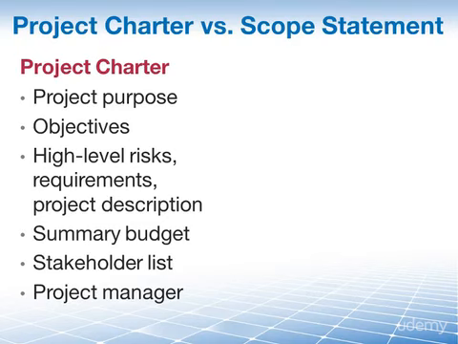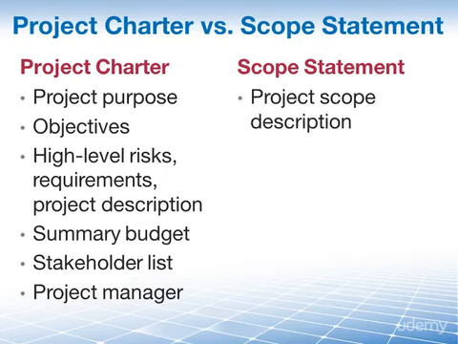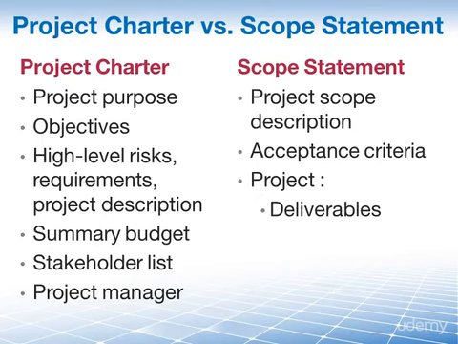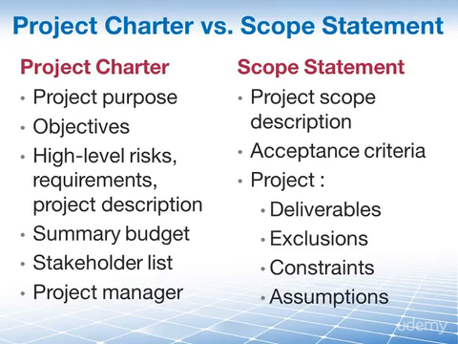The project scope statement, on the other hand, contains a more detailed description of the scope and the scope elements that are progressively elaborated throughout the project. Again, some of the key elements are a progressively elaborated project scope description, acceptance criteria, and then project deliverables, exclusions, constraints, and assumptions, as we just learned from the elements review on the previous two slides.